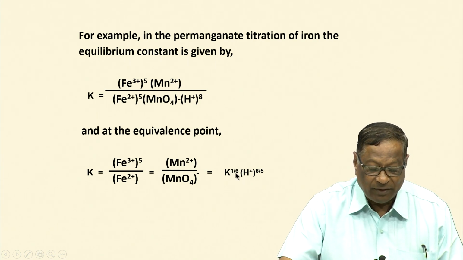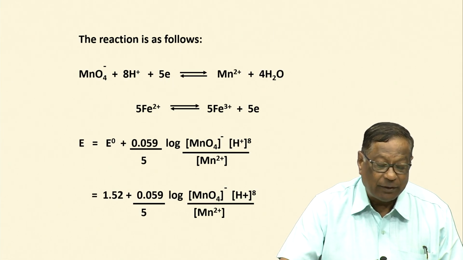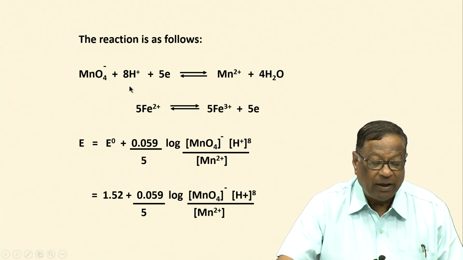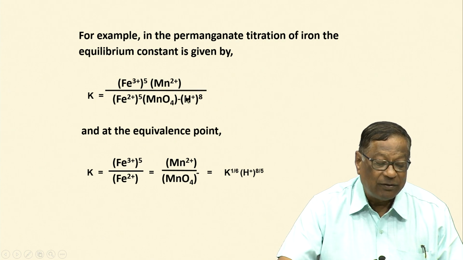So, it is 1/6, total species is 6 and H+ is 8 by 5, a 5 electron system. This is the reaction basically: MnO4- plus 8H+ plus 5e goes to Mn2+ plus 4H2O. For this reaction I have already written the equations like this.